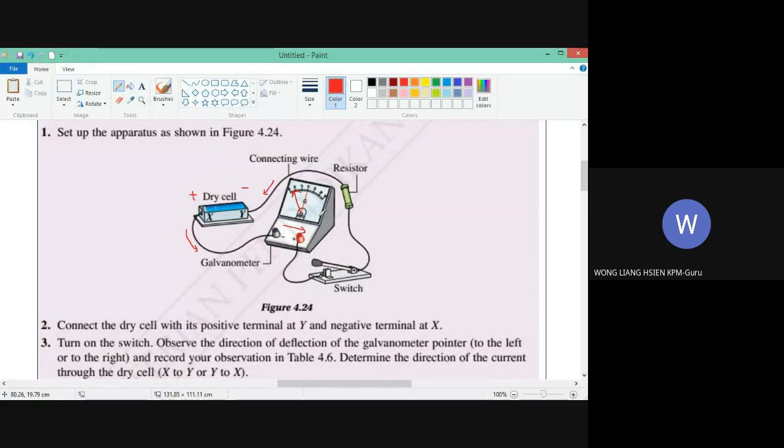The direction of flow of charge is the direction of flow of the electron. Direction of flow of electron is in the opposite direction of the current. So if this is positive, this is negative, the current will flow this direction, so the pointer will point to the left side.